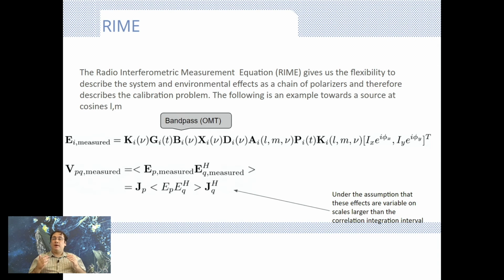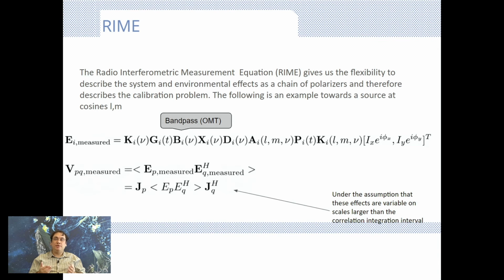Then we have this bandpass term, and as I said, the engineers go to great lengths to actually make this a stable effect, so we can decouple the frequency effect the system has on the signal from the temporal effect it has on the signal. So we can solve for these terms disjointly.